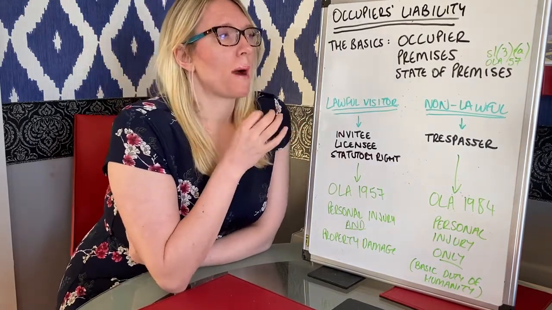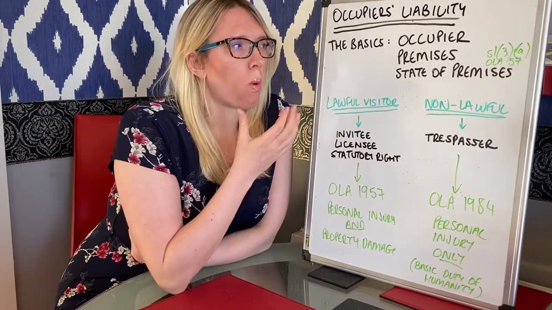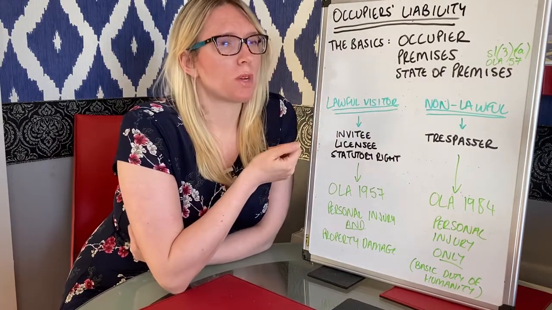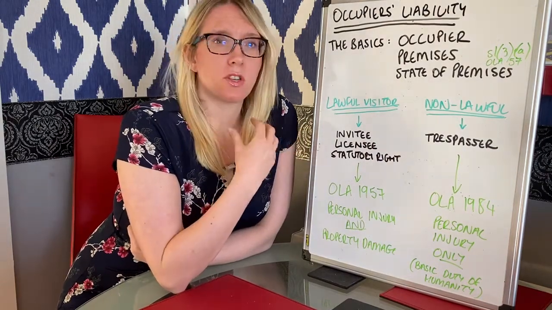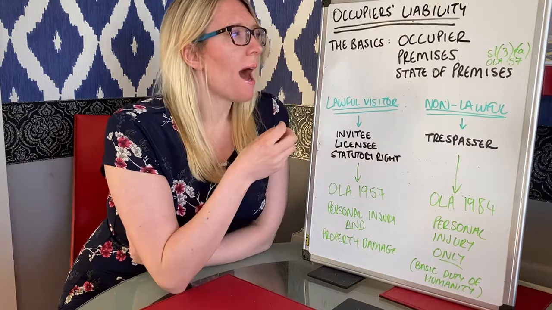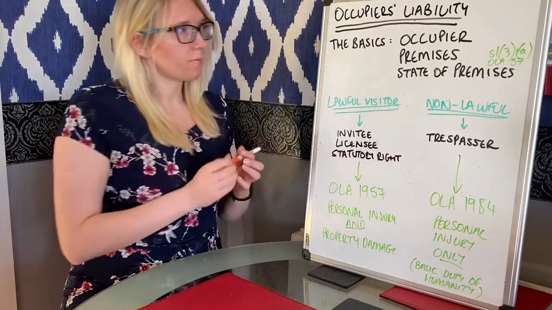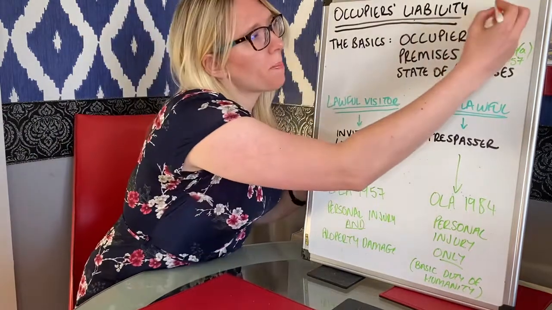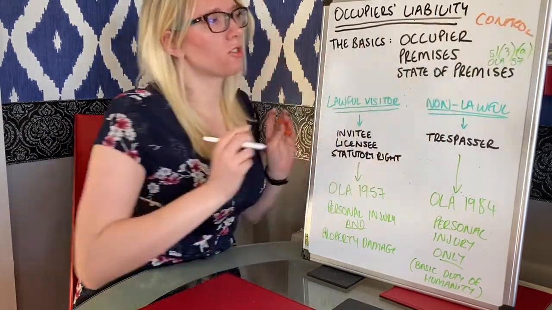Then you need to talk about premises. Now, again, that's quite a wide-ranging term, especially when we look at building in criminal law. Premises is another quite specific term, and you need to think about what the different types are. So remember, an occupier is a person with control.